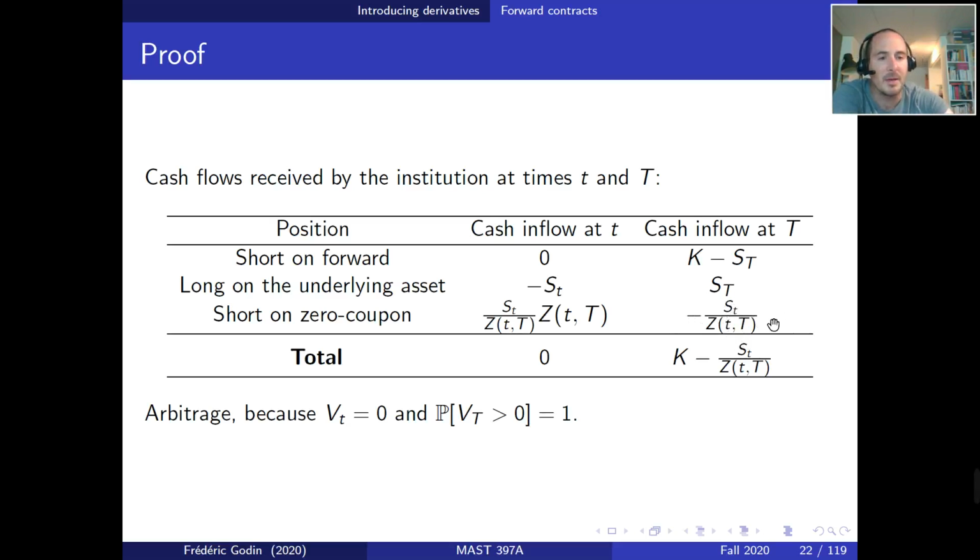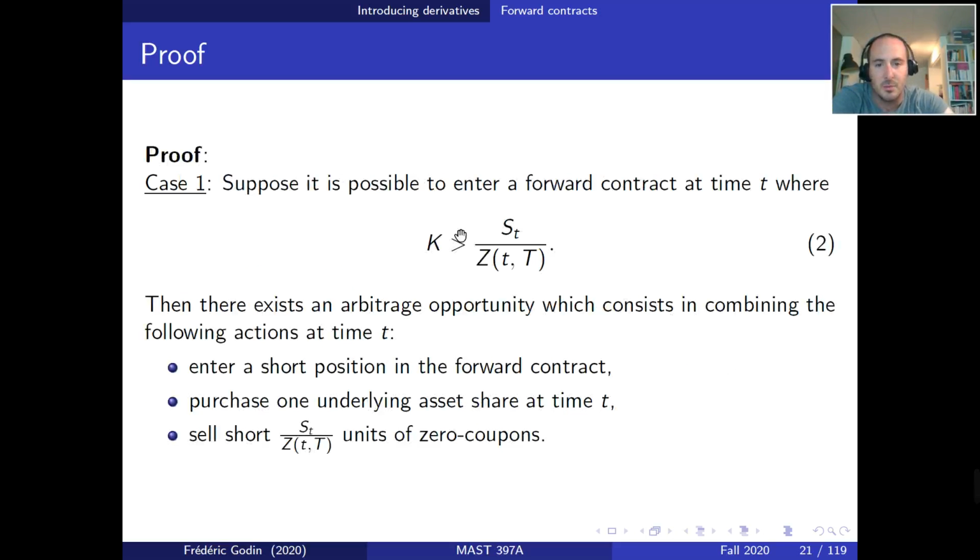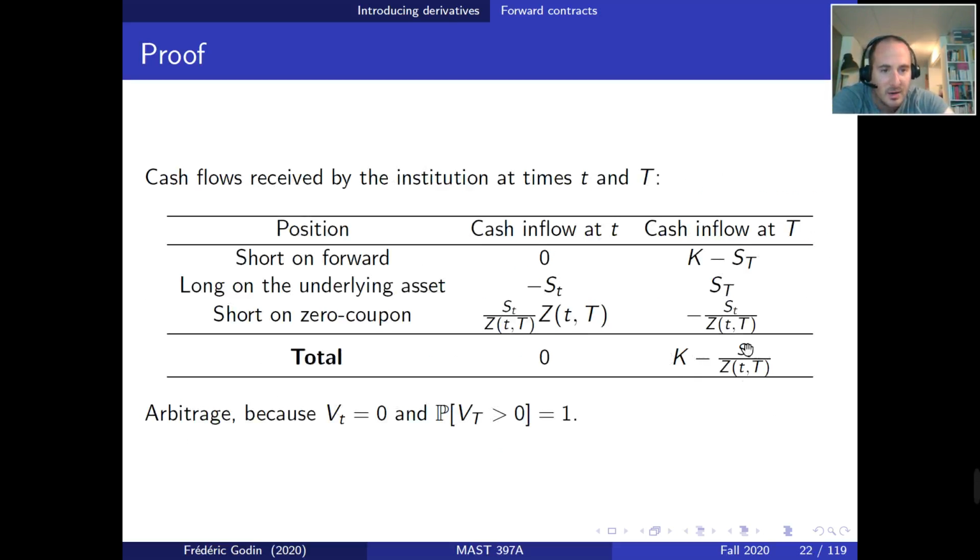Here what happens, you can add all the cash inflows from all positions at time capital T. You have K here, which goes here. Here you have minus S capital T plus S capital T, so these two cancel out. And then you have minus this quantity here, so K minus S_T divided by Z. So recall, if we go back one slide, our assumption was that the strike was greater than S_T divided by Z. If the strike is greater than this quantity, it means that this number would be positive.